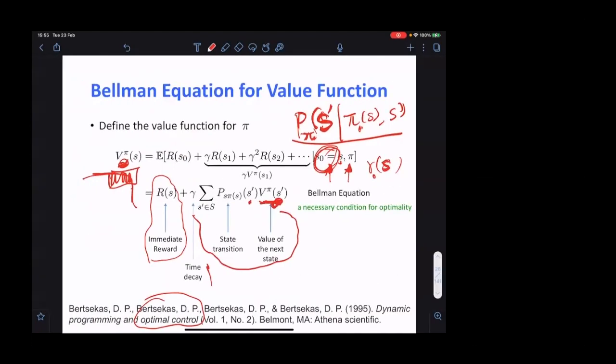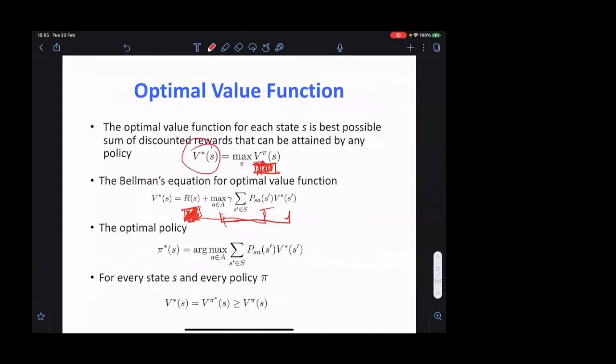Bear in mind the difference: with the Bellman equation, when you're given a pi, you have this relationship where you are able to decompose the value function into immediate reward and future reward. Same thing here, but the only difference is that this optimality condition requires you to maximize the future reward, based on the expected cumulative reward you estimated.